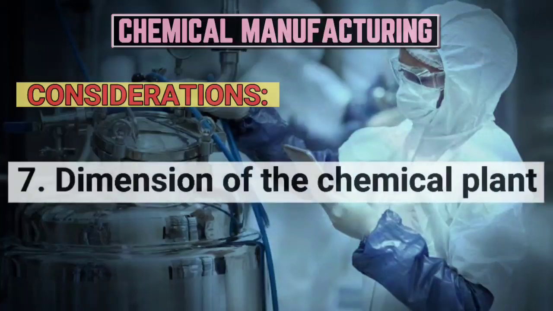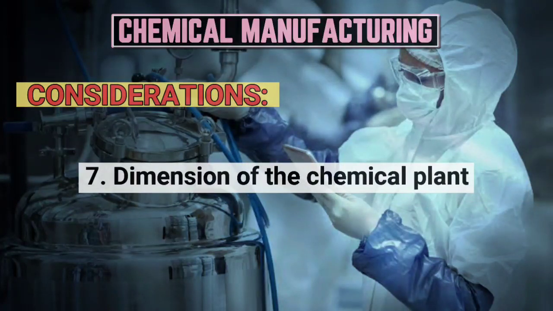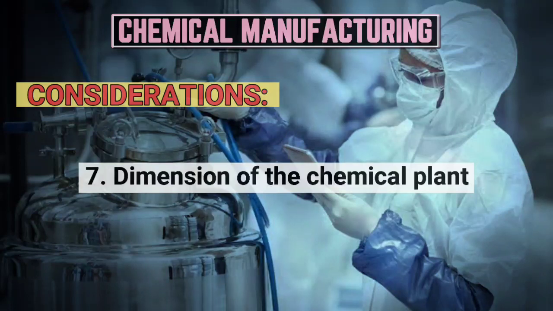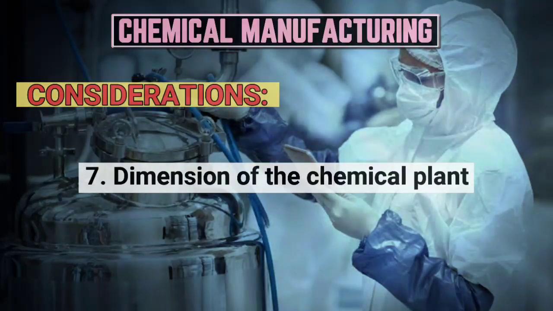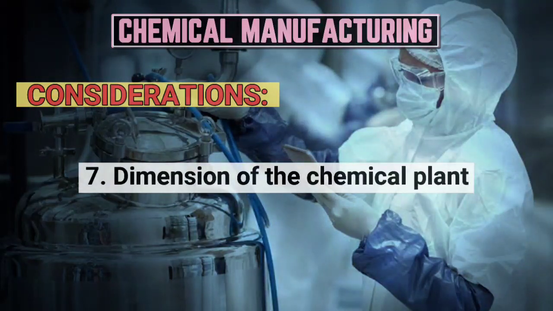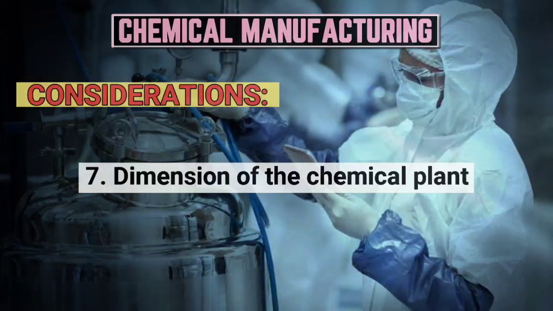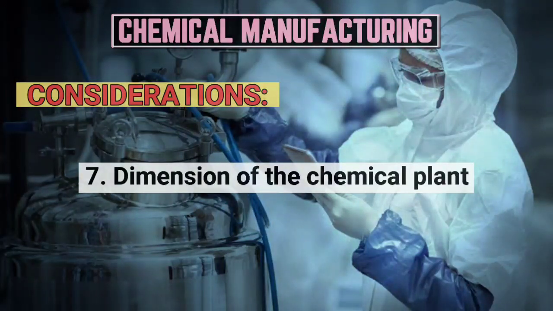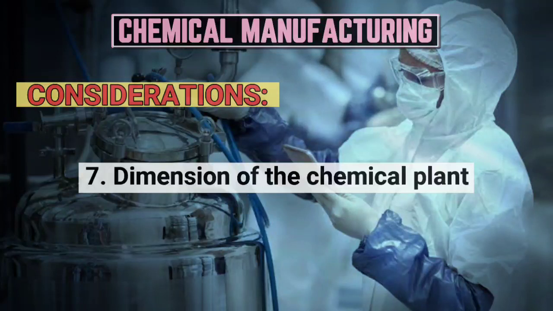Another factor to look at is the choice for the dimension. How large is it going to be? You have to make a choice for the dimension of the industrial chemical plant, and it's made on the basis of forecast sales of the product. Over the years, in the next 3 years there may be expansion, so you have to make room for further expansion.